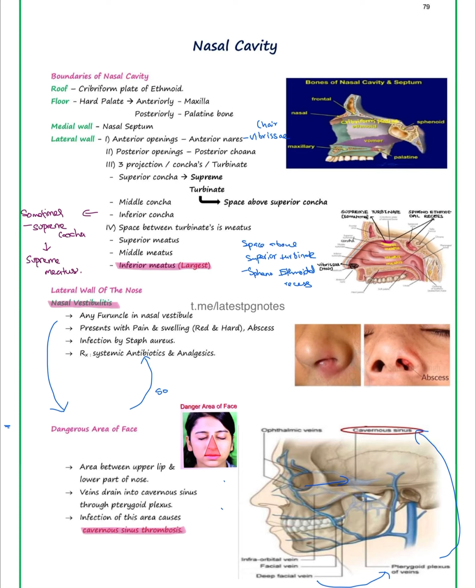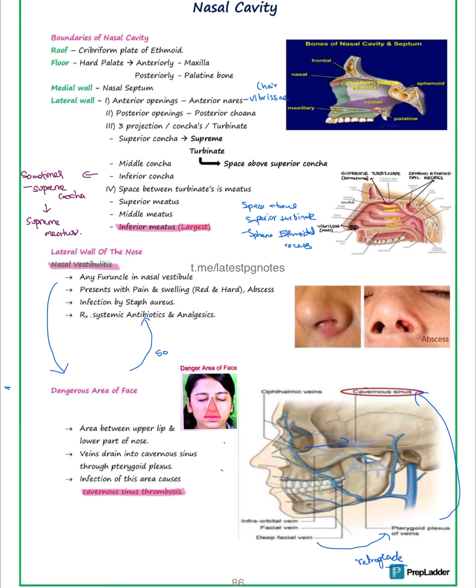So as an order we can say supreme meatus, superior meatus, middle meatus, and the inferior meatus is the last, down part. Superior meatus, middle meatus, inferior meatus. This is not called the supreme meatus. It is known as the sphenoethmoidal recess, and it is a space above the superior turbinate.